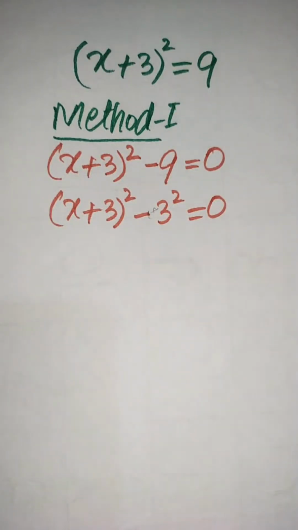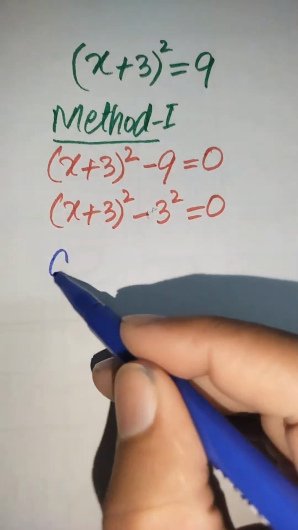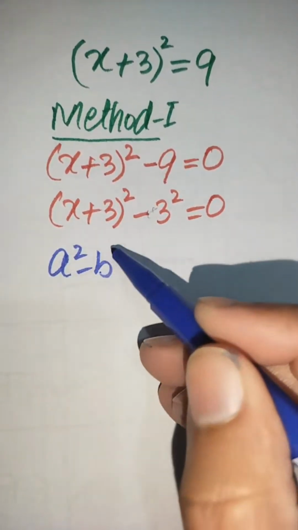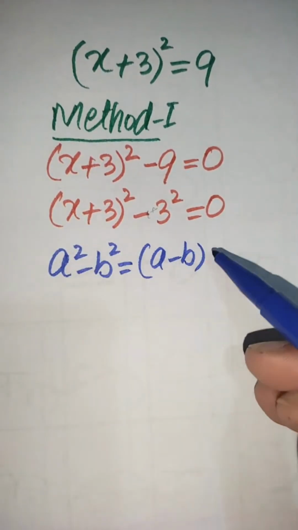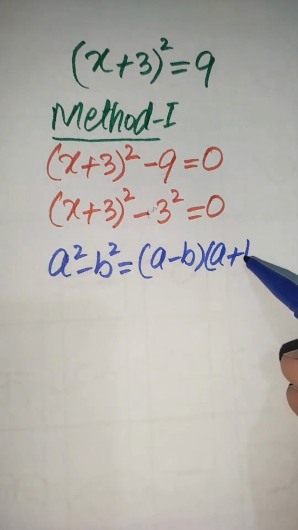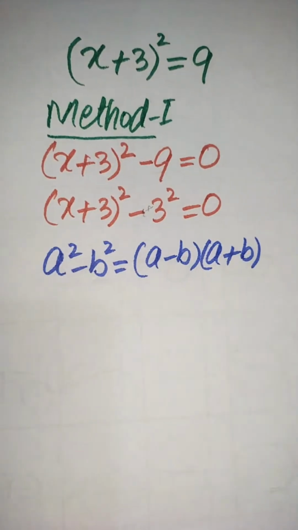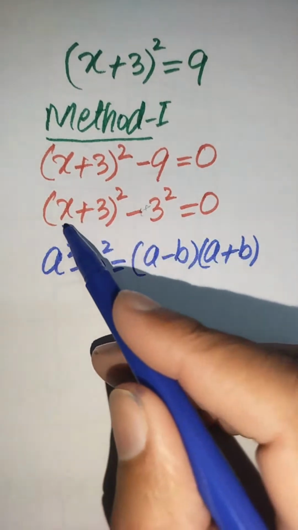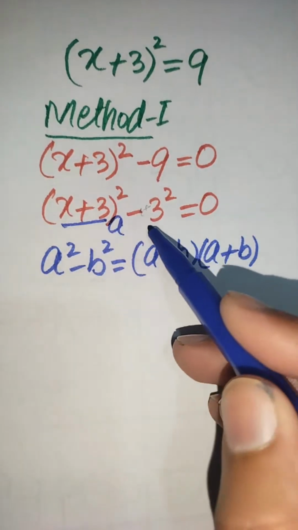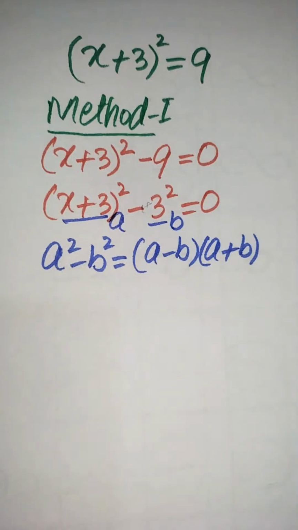Further here we use another nice algebraic formula. You know that a squared minus b squared is equal to (a - b) times (a + b). So we use this nice formula. You see here the base of this term is our a, and the base of this term is our b.